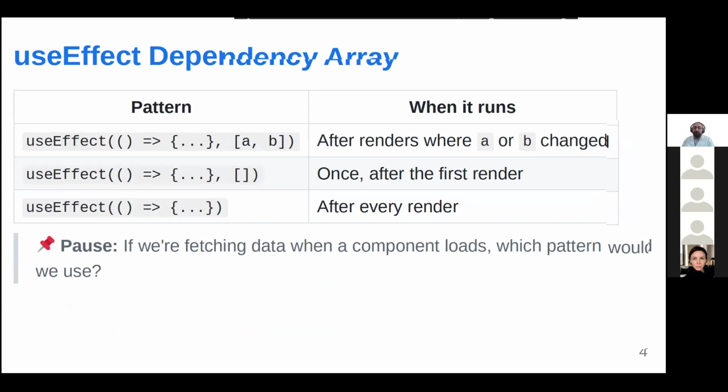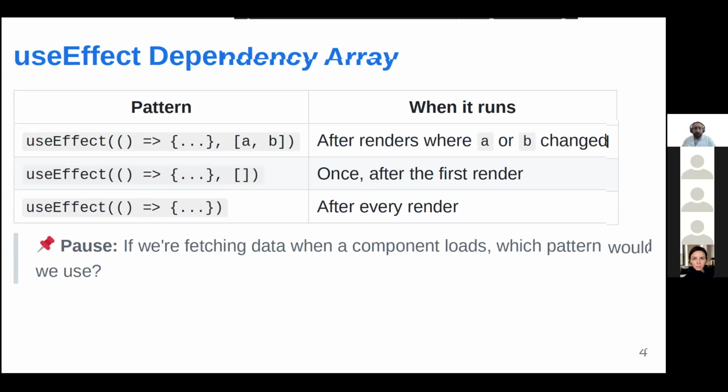If we include a value in this dependency array, like todo, the effect runs every time that value changes. If we don't include the array, the effect runs after every render. So whenever there are changes, the user interface re-renders and reruns the code that we have in that function.